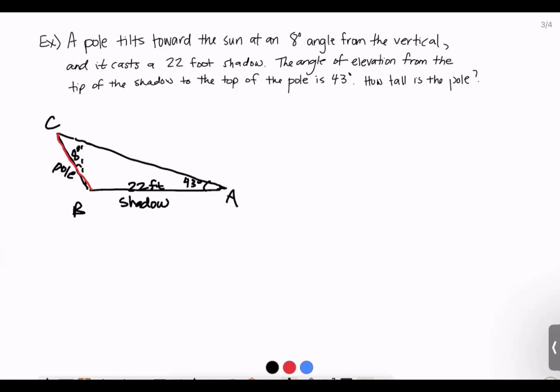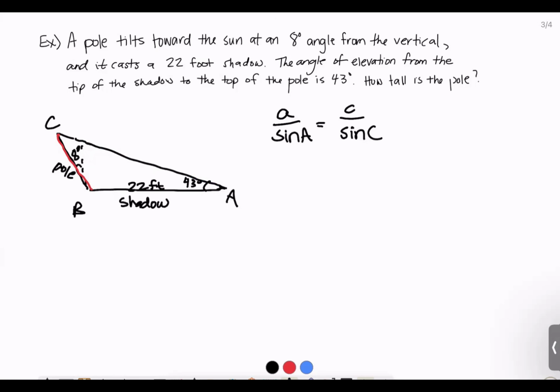So here, what I'm ultimately trying to find, the way that I have labeled the triangle, is side A. So I need to use a ratio that involves side A and angle A. And then I want to set that equal to one where I know both the angle and the side. And for this situation, it looks like I know side C. We can't use this just yet because we don't know angle C. So let's see if we can figure out angle C.